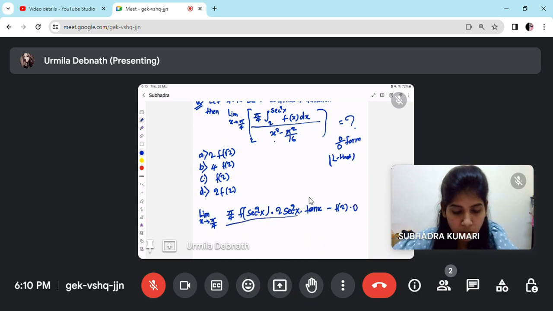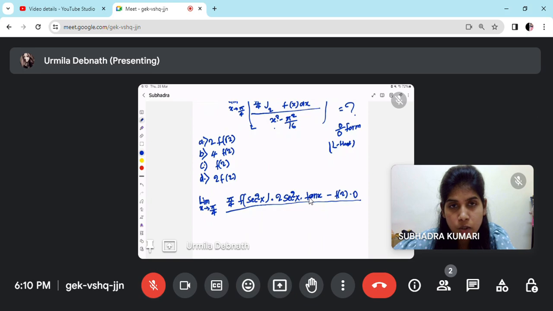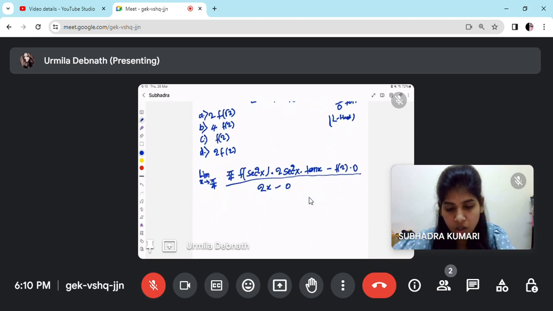Now in the denominator, differentiate x square, that is 2x, and pi square by 16 gives 0. Now simplify.